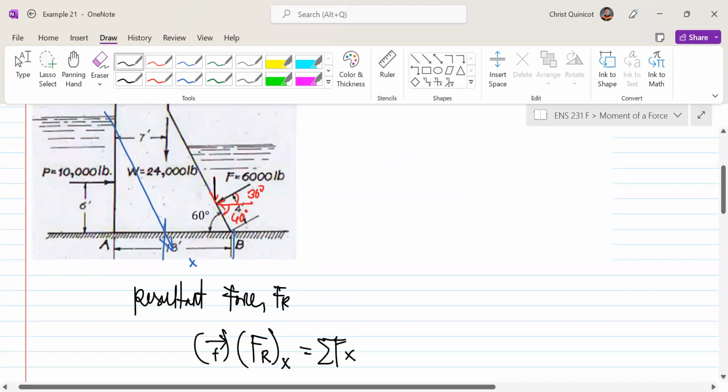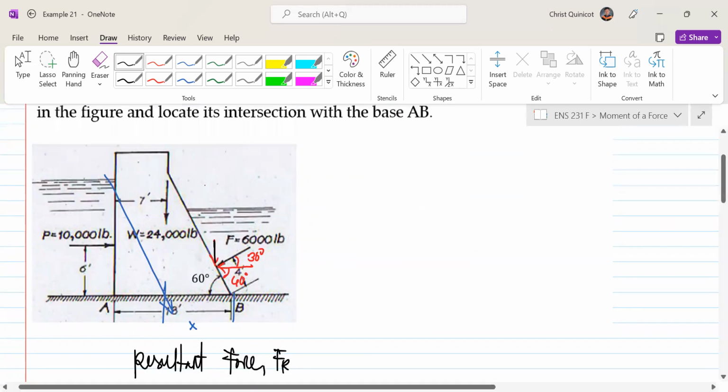The line of action of F sub R does create a counterclockwise moment about point B.